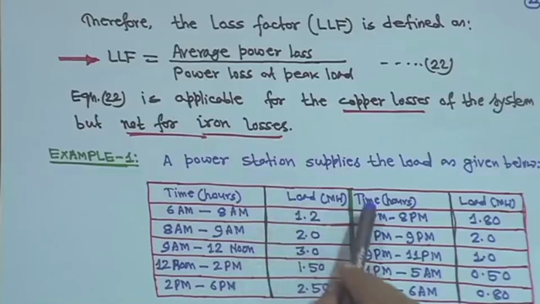That means 24 hours of load variation data are given to you.